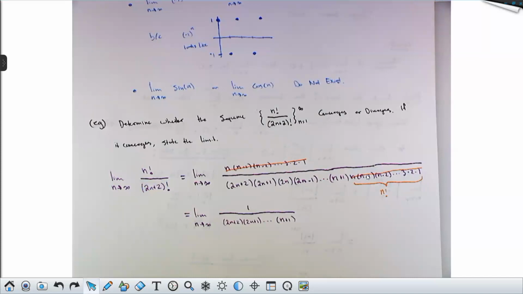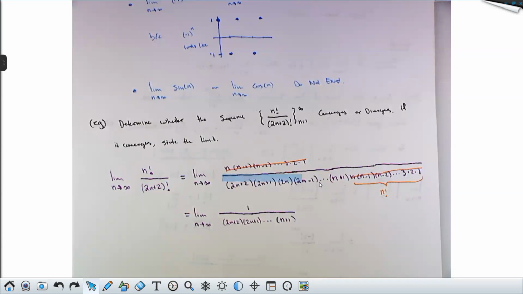Within this big product where I'm multiplying all the numbers from 1 up to 2n plus 2 is this product where I'm multiplying all the numbers from 1 up to n. And because between 1 and 2n plus 2 is n itself, the whole product of n factorial shows up inside of 2n plus 2 factorial. I'll look at another one of these, perhaps a slightly simpler one, next, because it seems like this is still feeling a little bit wonky.